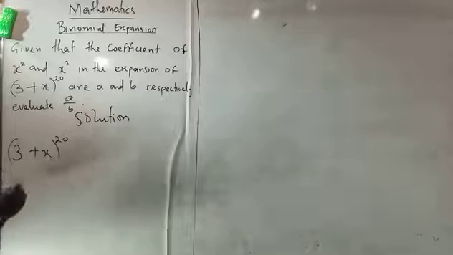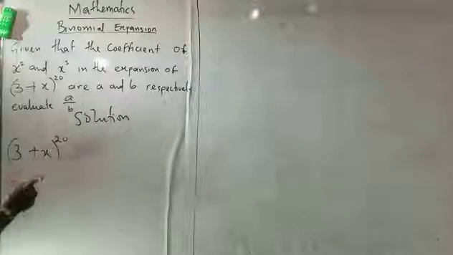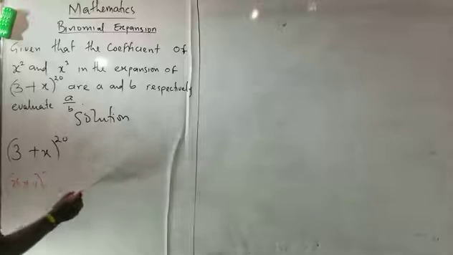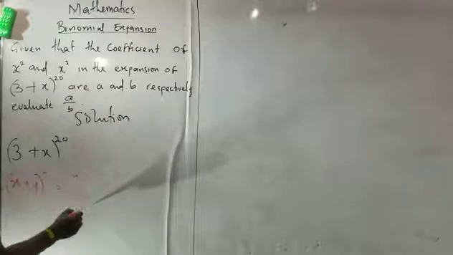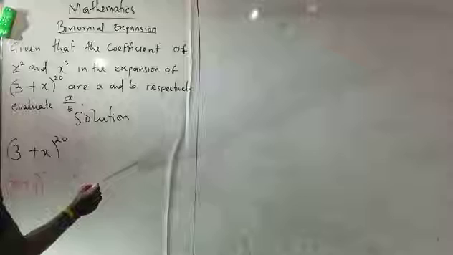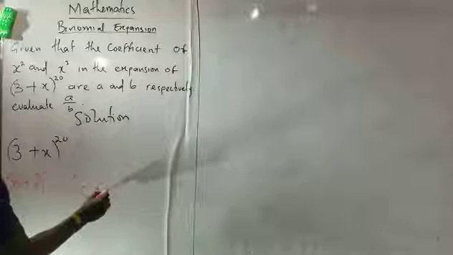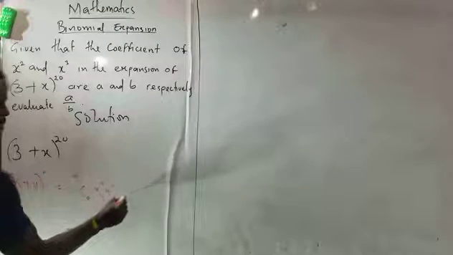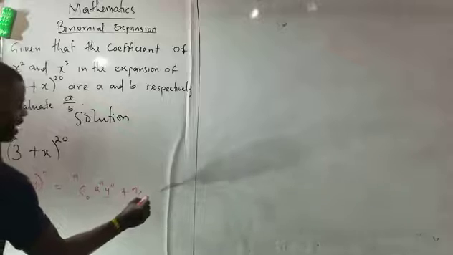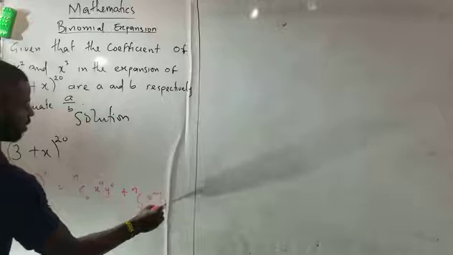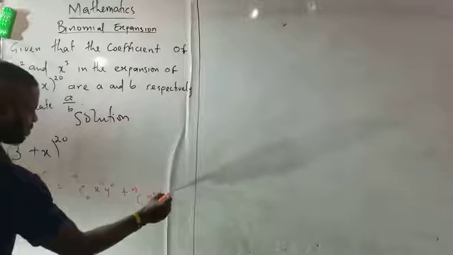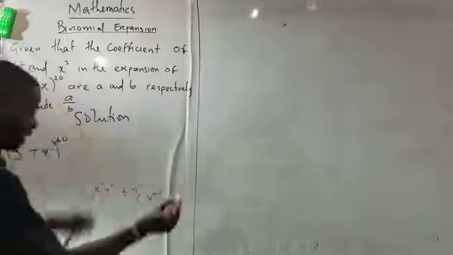I was telling you, x plus y to the power n will be n combined 0, x raised to power n, y raised to power 0, plus n combined 1, x raised to power n minus 1, y raised to power 1, and so on and so forth.